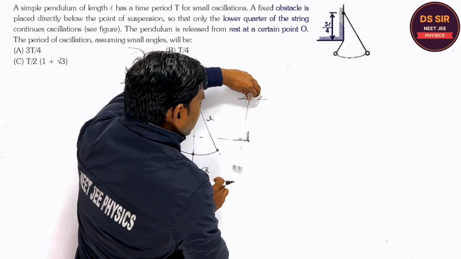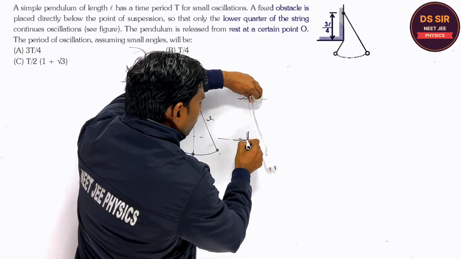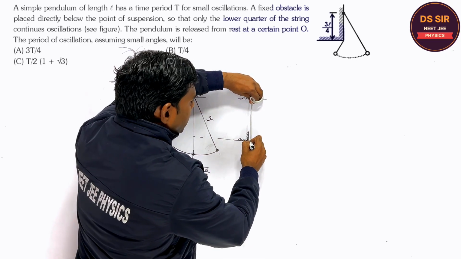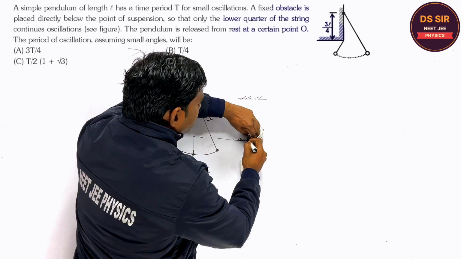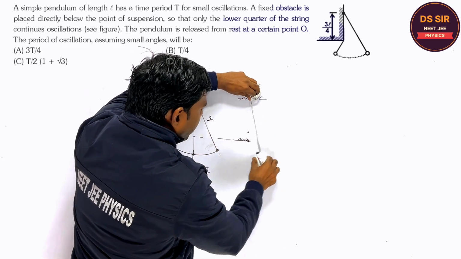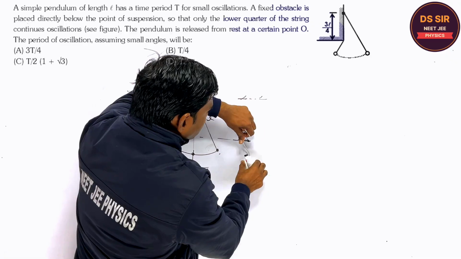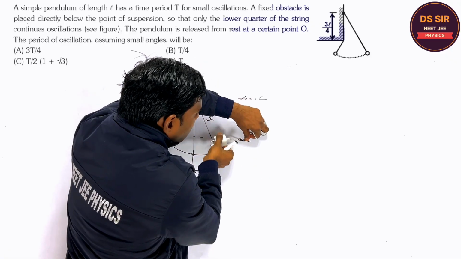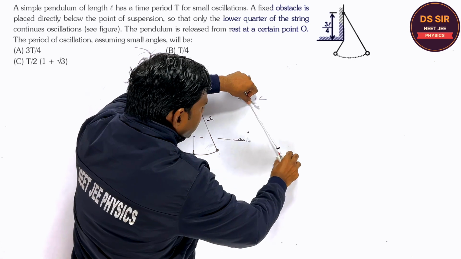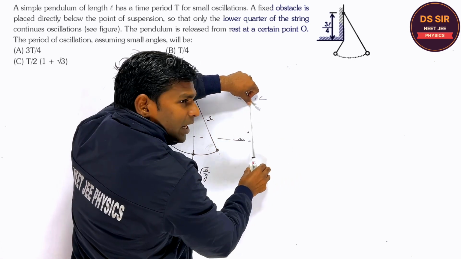If it is oscillating like this, now there is a point. This is the obstacle. Because of this obstacle, on this side it moves freely. But on the other side, because of this obstacle, it starts oscillating about this position. Right? So this time period is for the complete length.